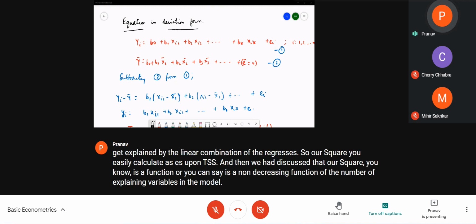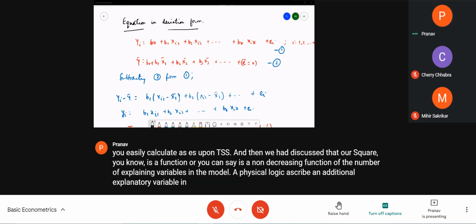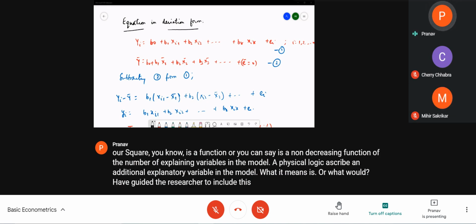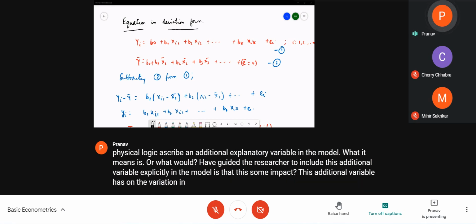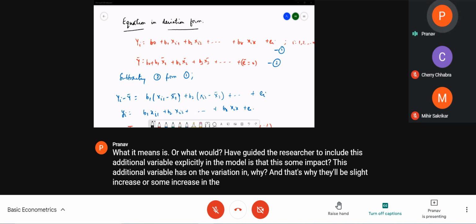Now what is the logic behind this? Look, whenever you include an additional explanatory variable in the model, what would have guided the researcher to include this additional variable explicitly in the model is that this additional variable has some impact on the variation in y, and that's why there will be a slight or some increase in the explained sum of squares.